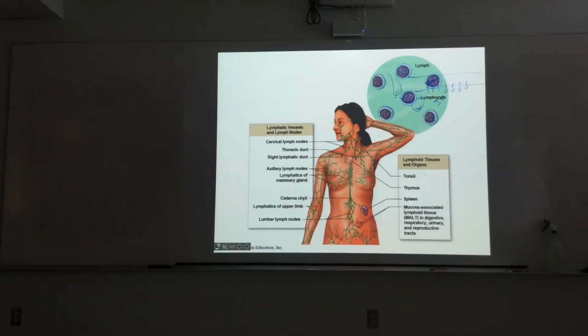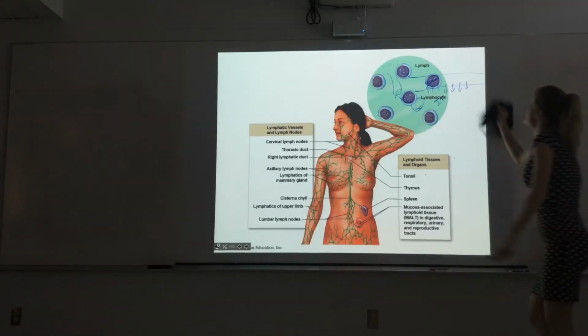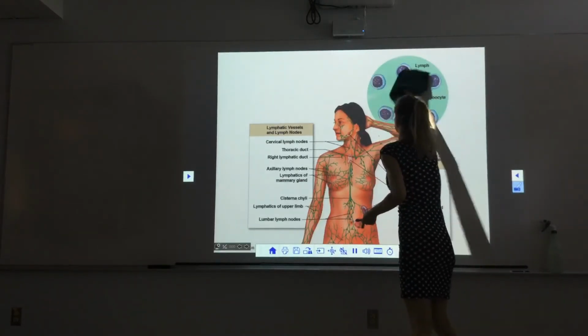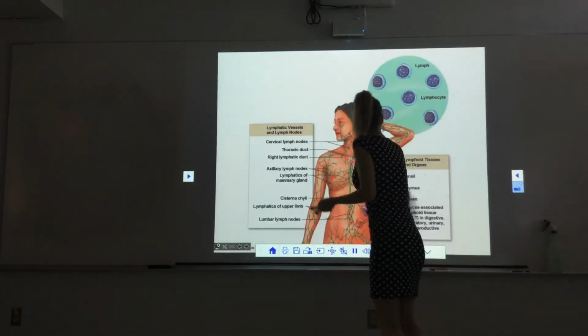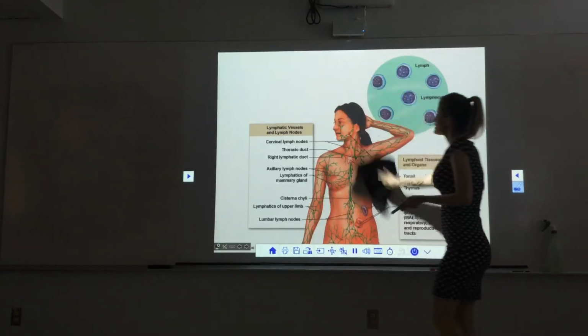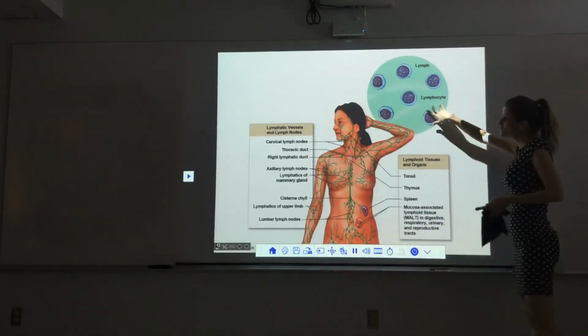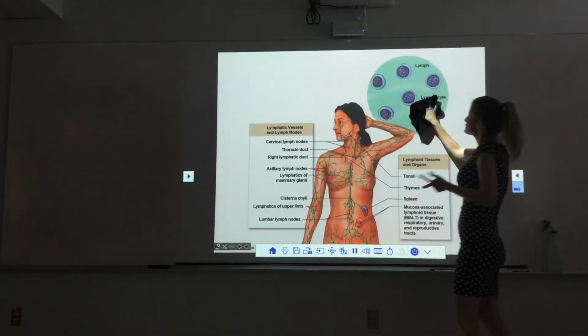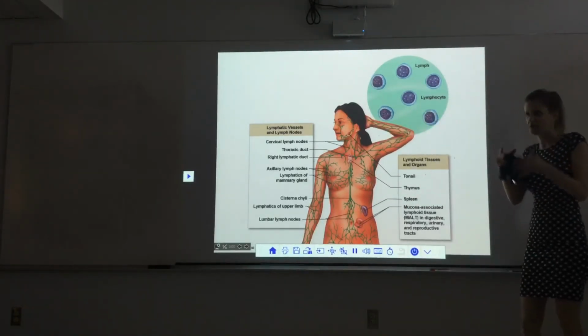So on these next two slides, we see all of the different components of the lymphatic system. First off, we said it includes lymph, right? This fluid that's really similar to blood, and it includes all of these lymphocytes that cluster in there.